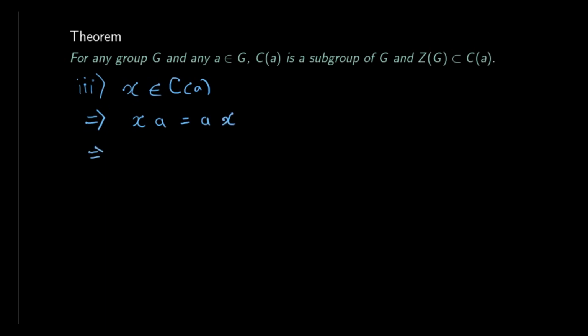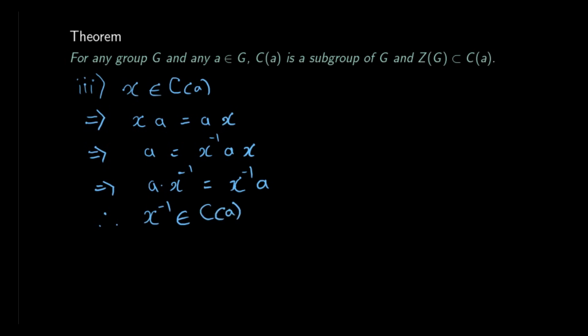Multiplying throughout on the left by x inverse, we have A is equal to x inverse Ax. Again, multiplying throughout on the right by x inverse, we have A times x inverse is the same as x inverse times A, which tells us that x inverse commutes with A and hence x inverse belongs to C of A. Therefore, C of A is closed under taking inverses, and hence C of A is a subgroup of G.